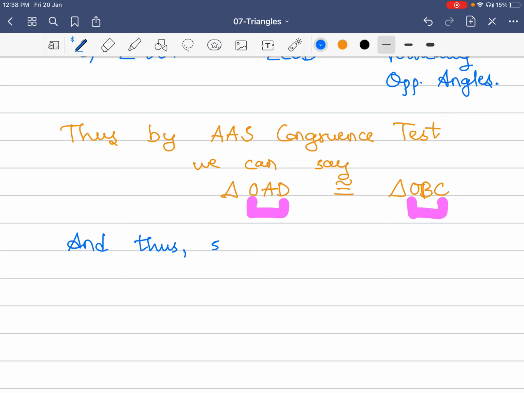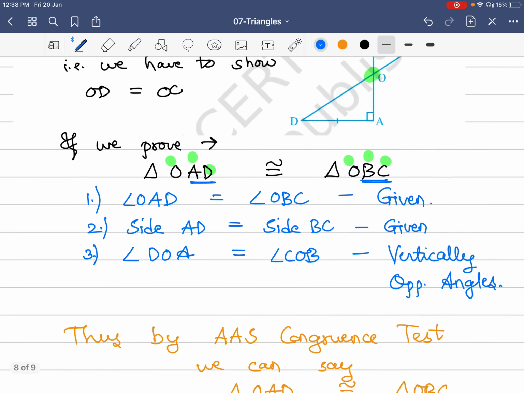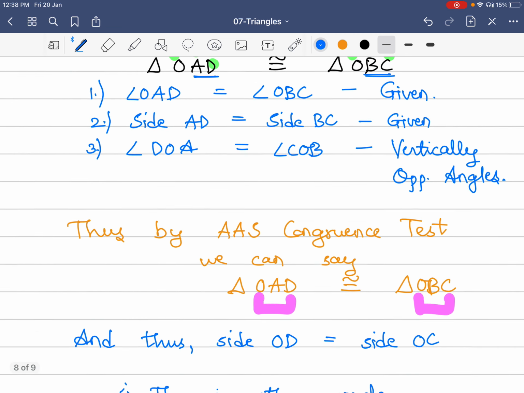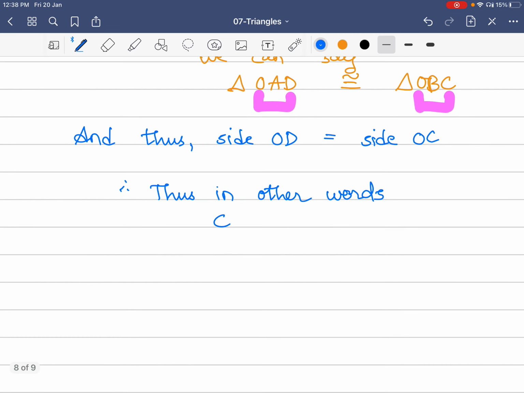Thus side OD is equal to side OC. Now we copy the problem statement given to us. Thus, in other words, CD bisects AB.